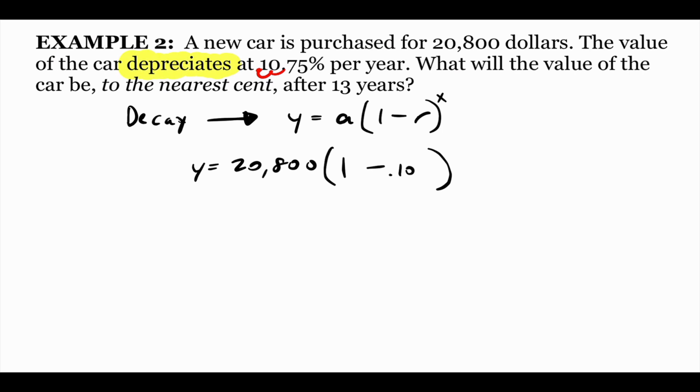So it's going to be 0.1075. That's the equation I'm going to use. X is years because it talks about years, per year. Okay. So now I'm going to plug in 13 for X.